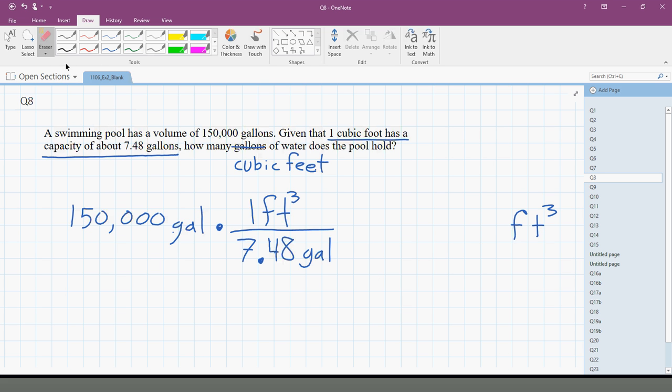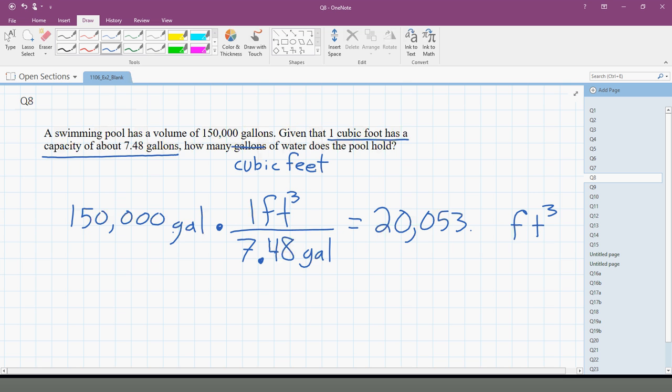253.475. So kind of a long decimal, right? So we'll just round this to the nearest hundredth. So 20,053.475. And then to the nearest hundredth, which will be 2 decimal places, is what?